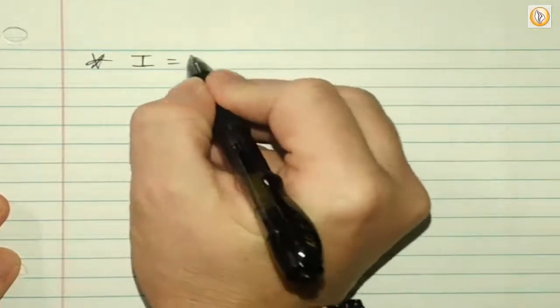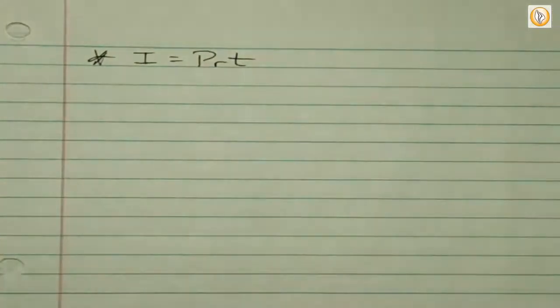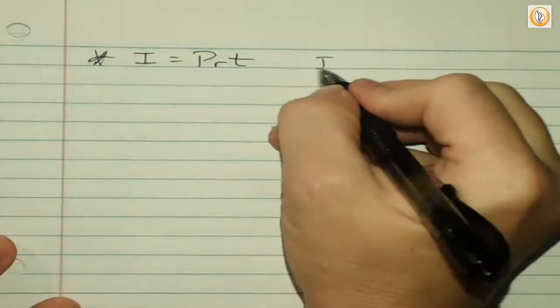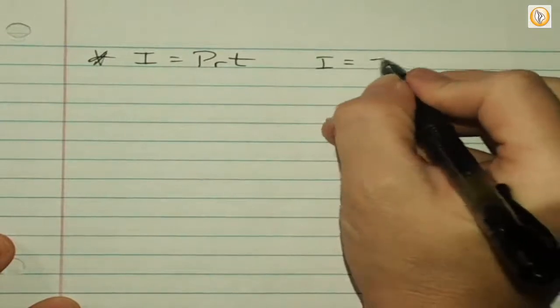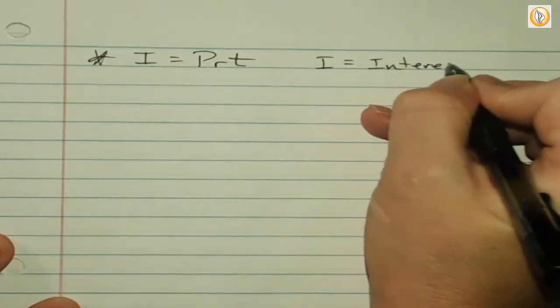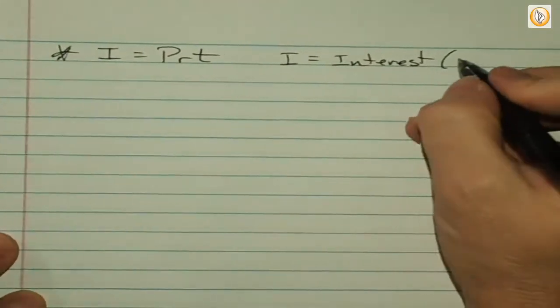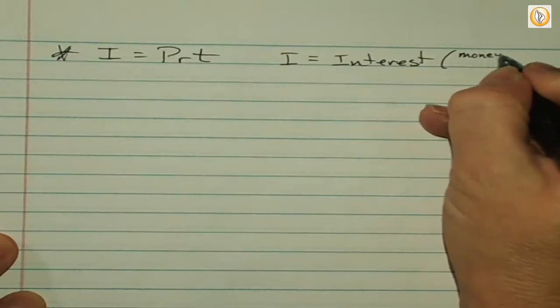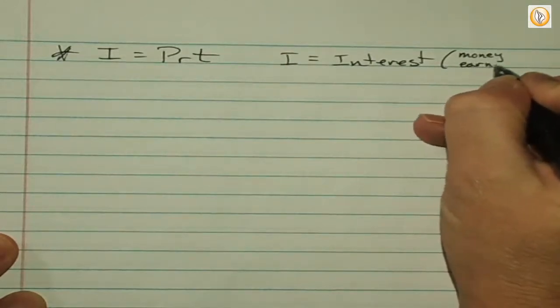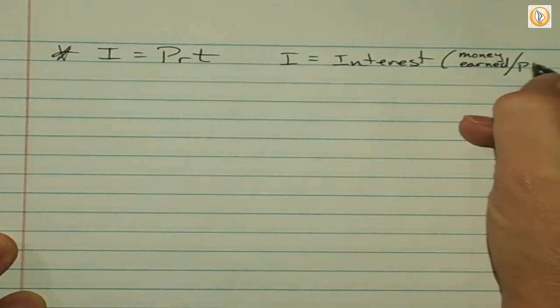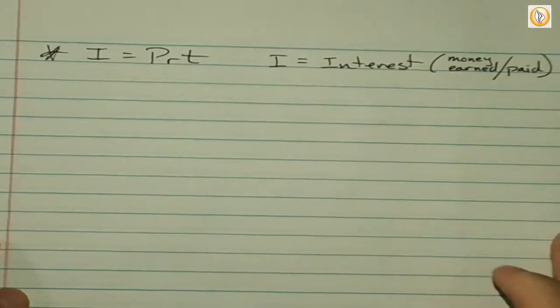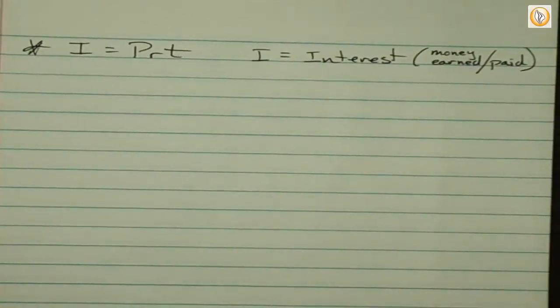Who recognizes this? PIRT. Who remembers what I is? Interest. You need to know that is the money earned or paid. Interest can be the money that you earn, I always call it bonus money, or it could be the money you've got to pay.